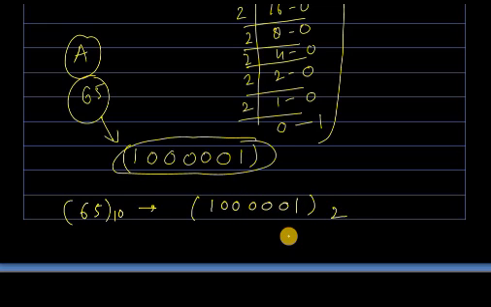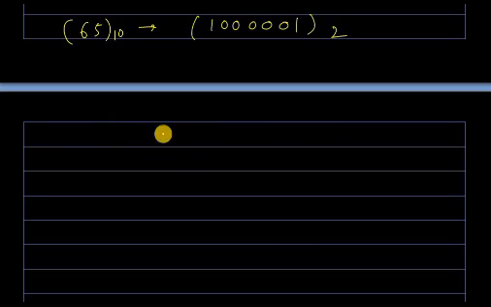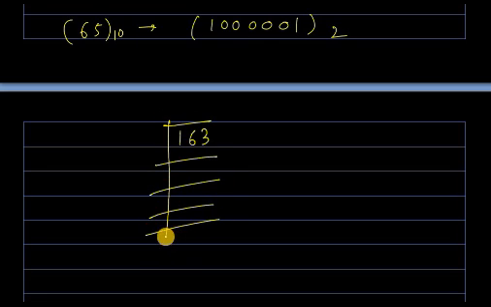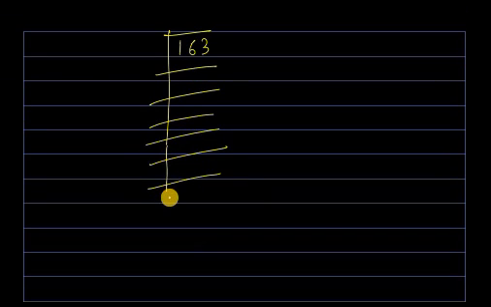Okay, let's try one more number. Say the number is 163. You just try it if you have pen and paper. Whenever you take class, always keep a pen and paper with you. Let's see what answer is coming.